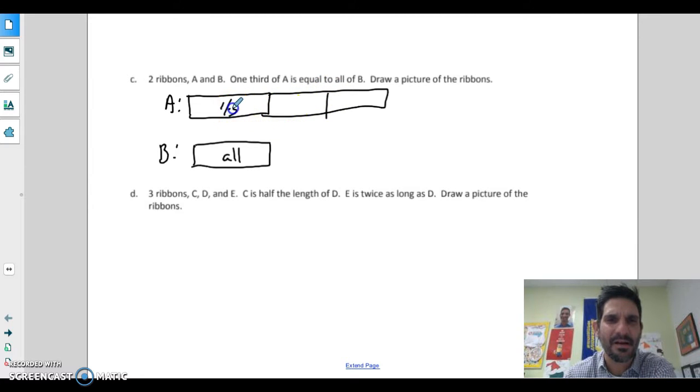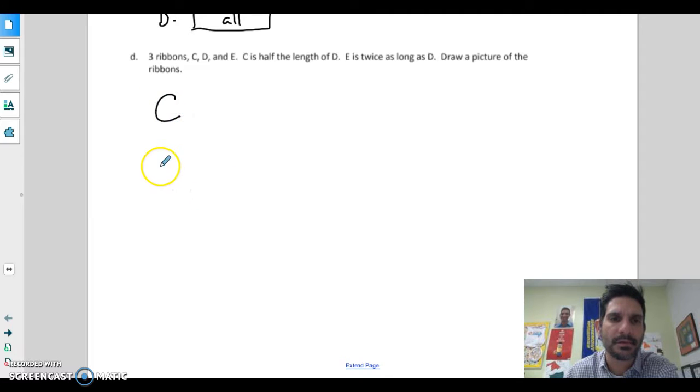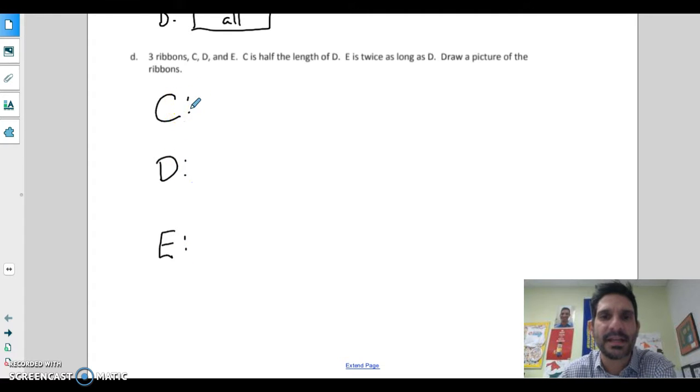Does that make sense? Now, it says three ribbons, C, D, and E. Okay, so C, D, and E. I like to clearly identify them. C is half the length of D. E is twice as long as D. Draw a picture of the ribbons. So what do I know?